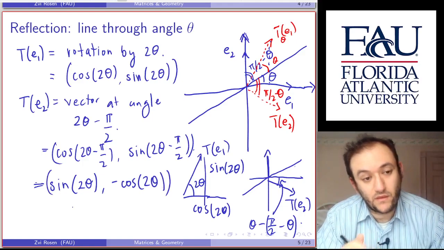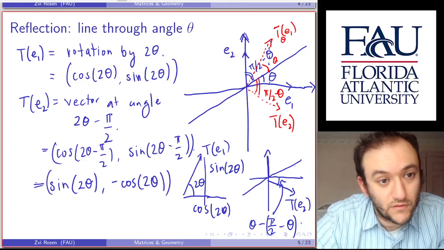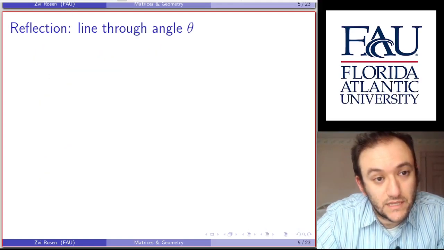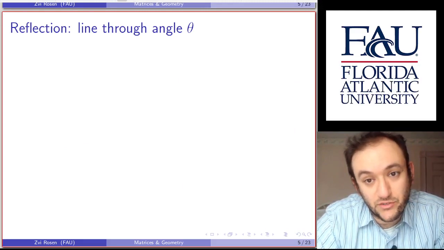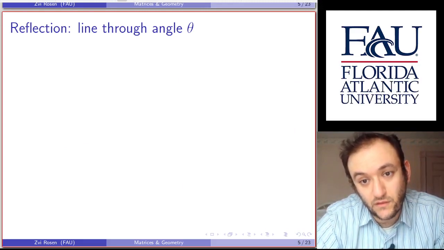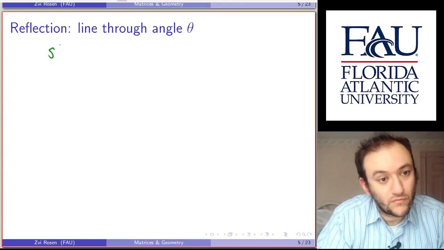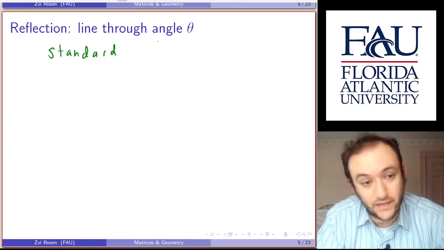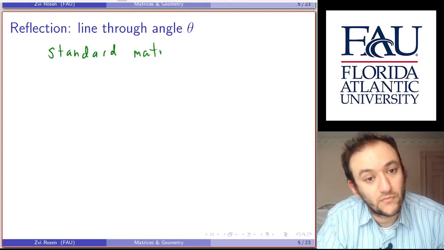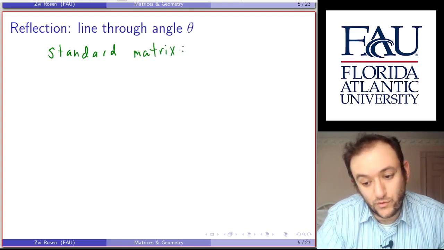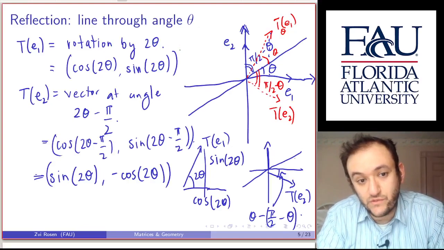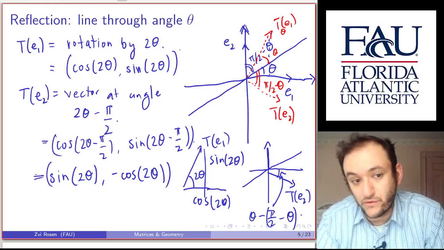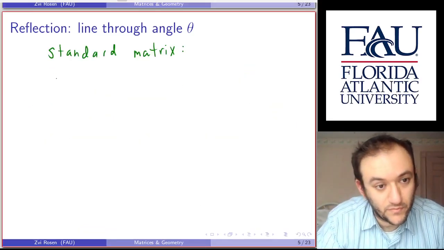Okay, so to get the standard matrix for reflection over the line through angle theta, you would take these two vectors, cos 2 theta, sine 2 theta, and sine 2 theta, minus cos 2 theta, and plug them in.